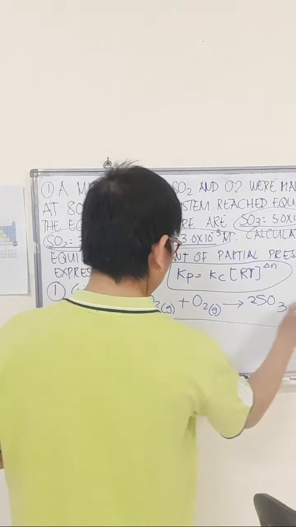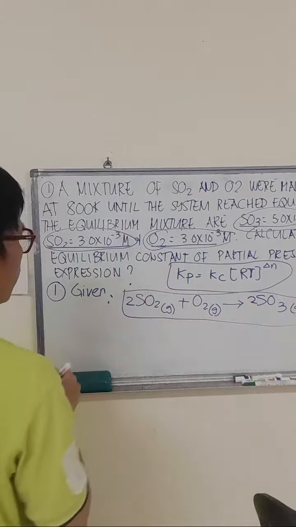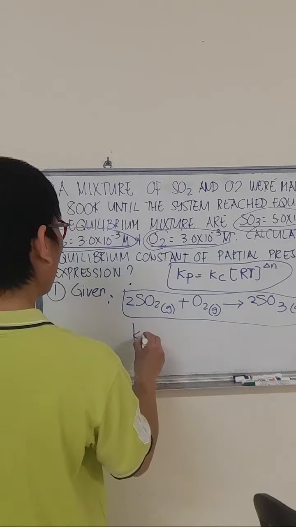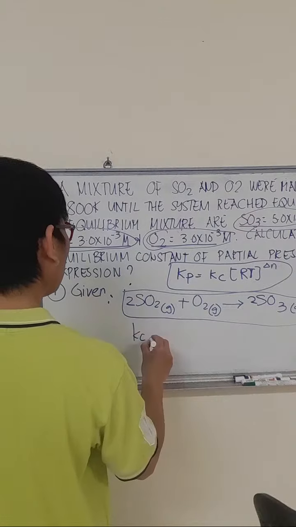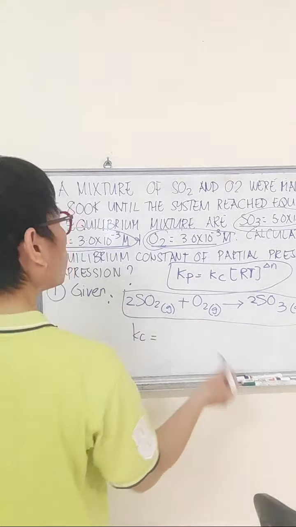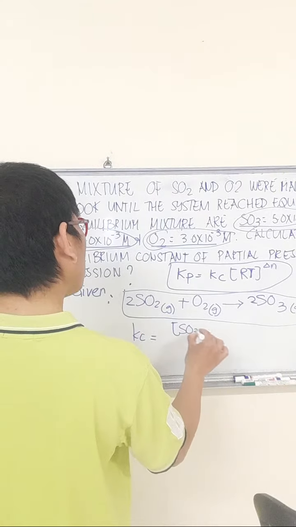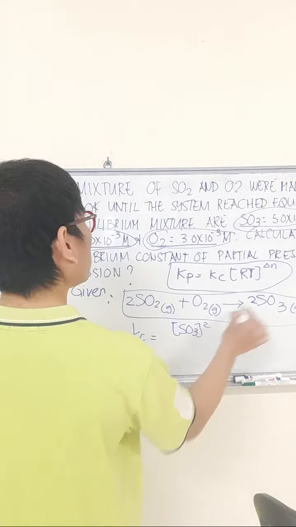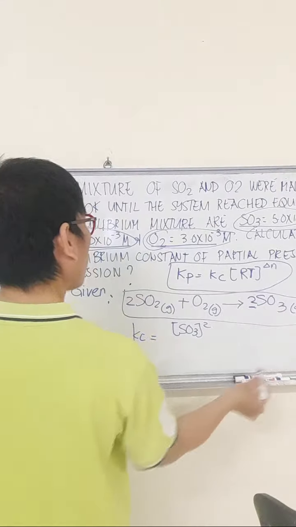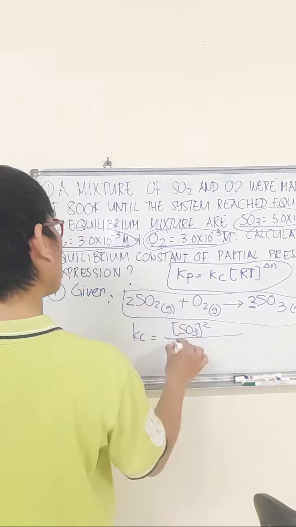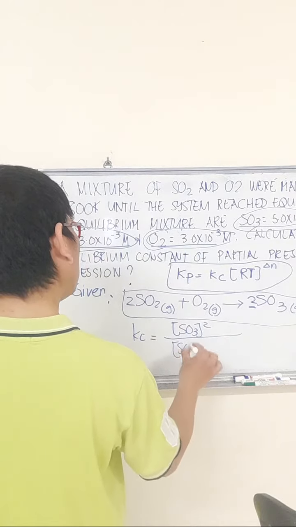Okay, guys? And then we need to compute now for the Kc. Kc, or the equilibrium constant expression of the concentration, is equal to the concentration of the product SO3 raised to the power 2, because this is the number of moles or the coefficient, over SO2 raised to the power 2.